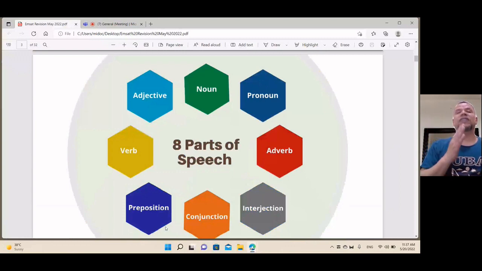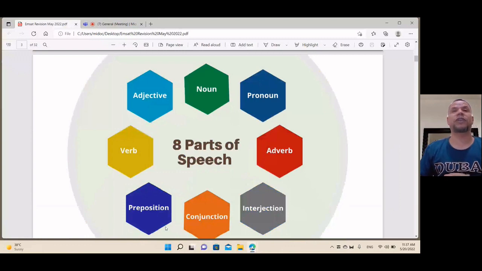Each word is a part of speech. The first word maybe is a noun, the second is a verb, maybe the third is an adjective, the fourth is another noun, then a preposition, and so on. So the sentence includes all or some parts of speech.